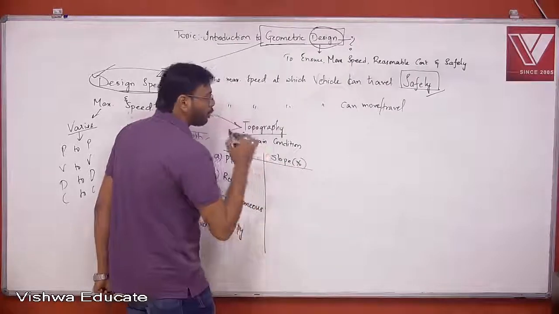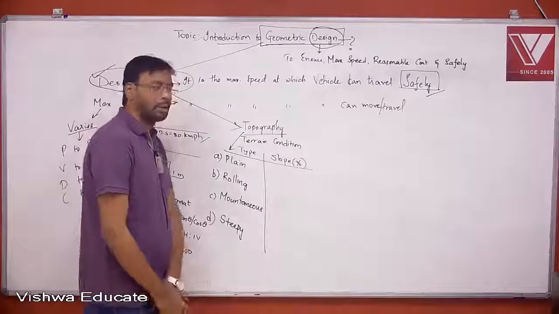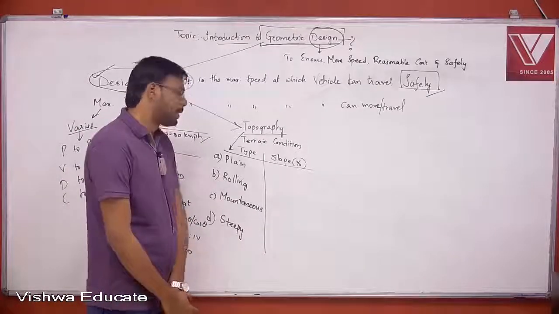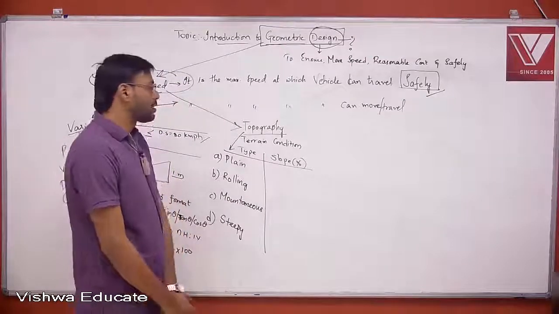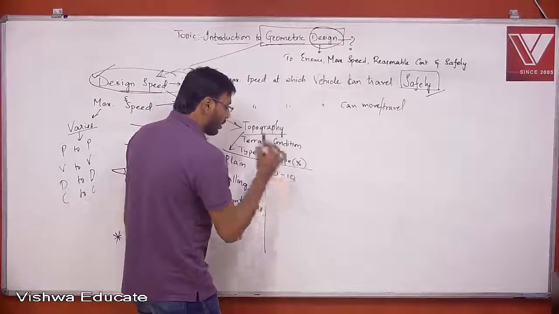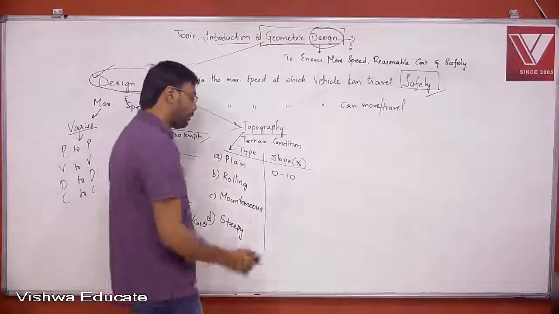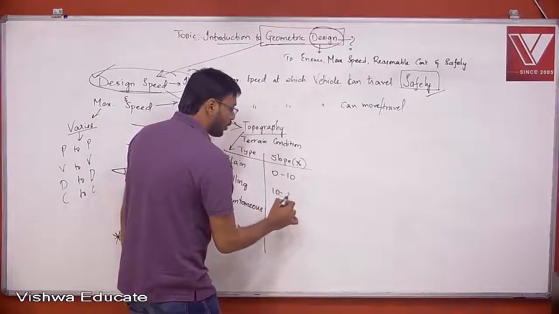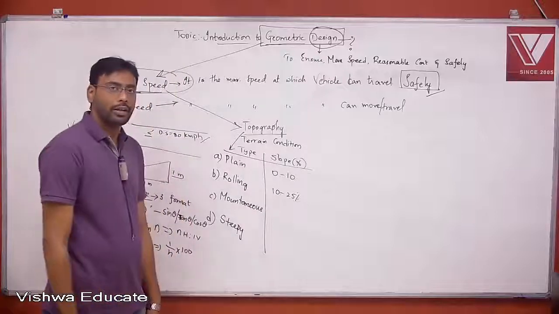Terrain or topography conditions, as I said, are of four different types: plain, rolling, mountainous, and steepy terrain. If the slope is between 0 to 10%, it is called plain terrain. If the slope is between 10 to 25%, it is called rolling terrain.